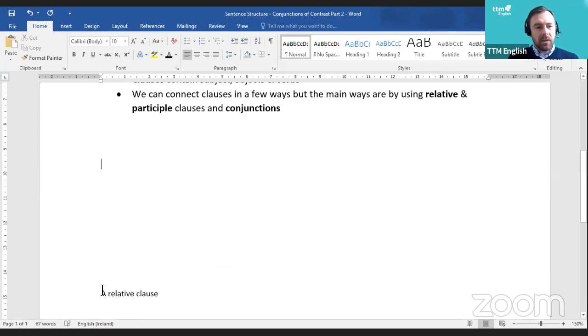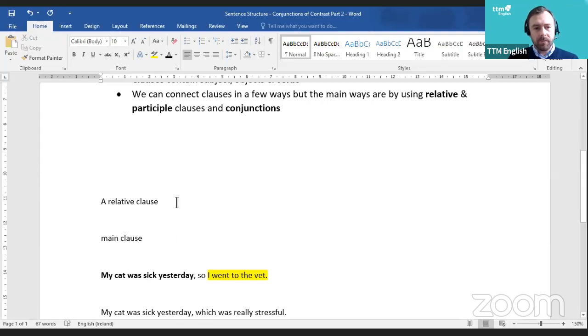I'm going to give you the definition. A relative clause gives information about the noun or the situation in the main clause. The main clause is the main focus of what you're trying to say, the most important thing that you're trying to say.